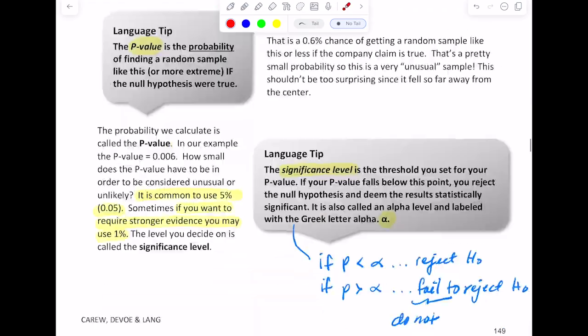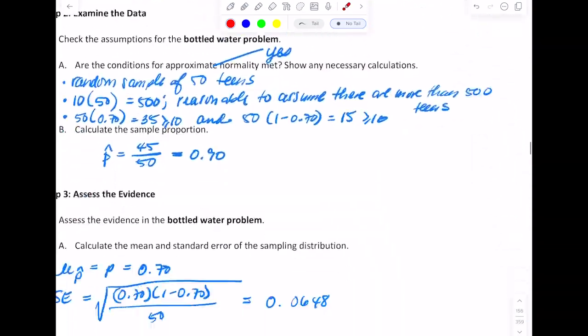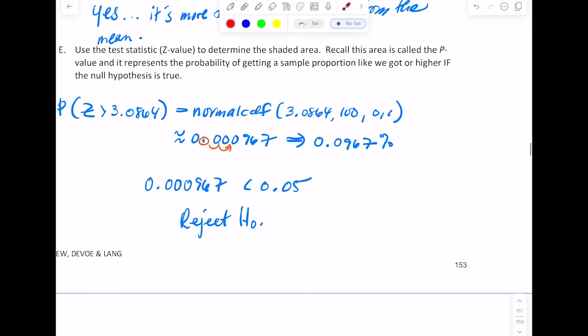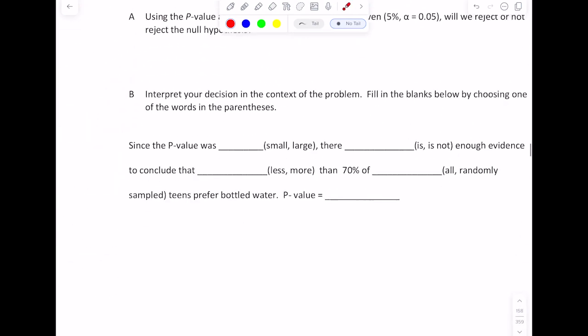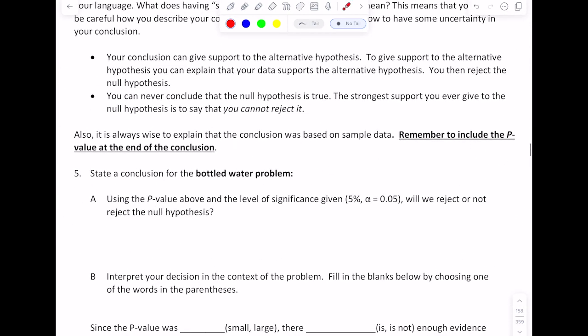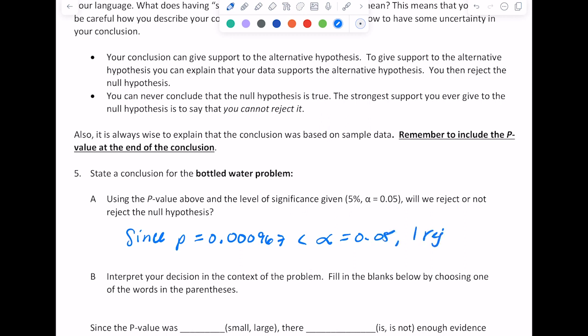So the probability is so low that more than likely the null is not true. We gathered our evidence and proved that. Okay, so using the p-value, will we reject? As we said, we're going to reject the null. So basically we would say this: since p equals 0.000967 is less than my alpha level, I reject the null.